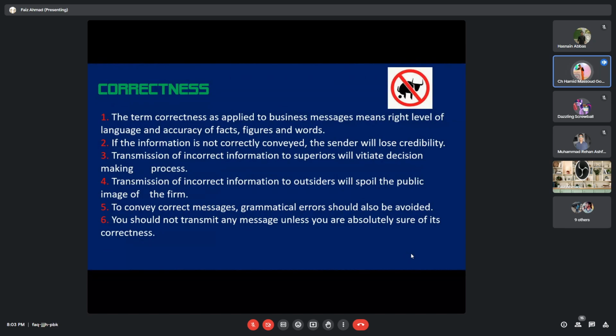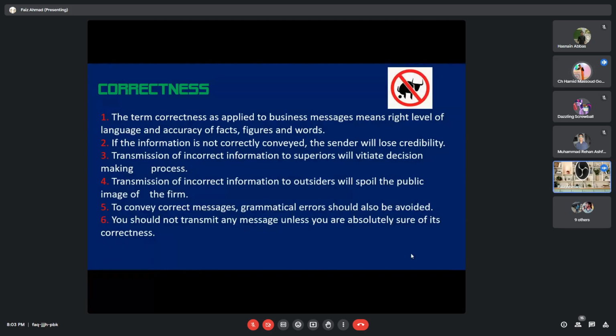When a company or organization, public sector or private sector, is transmitting incorrect information, that will spoil their public image. To convey a correct message, grammatical errors should also be avoided.